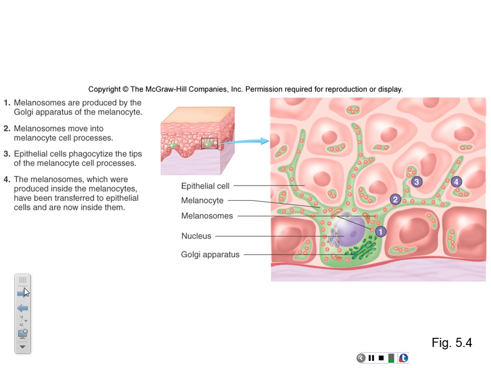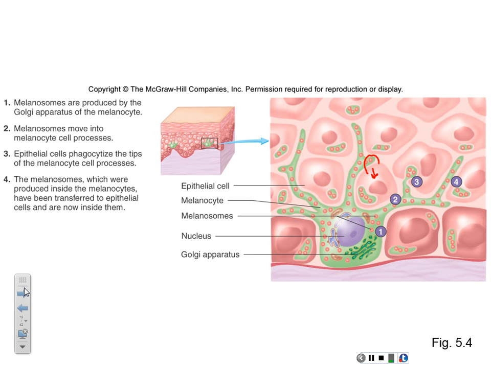And then they grow up between the cells because they are in the deepest layer. So when these cells come across these processes, they will engulf them by endocytosis. And then it becomes internalized. Remember endocytosis? When all these are pitched off and then they're engulfed. That's how each of the cells gets melanin, because all the cells have to have melanin, especially the ones on the top, because those are the sunny side, the ones that are exposed.